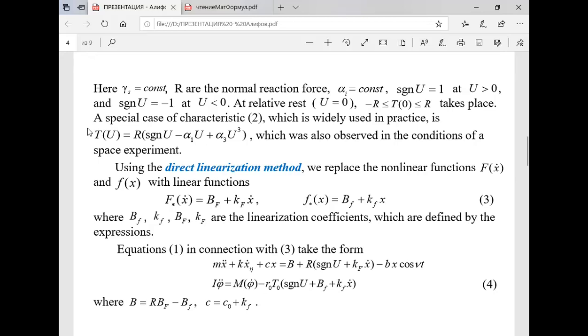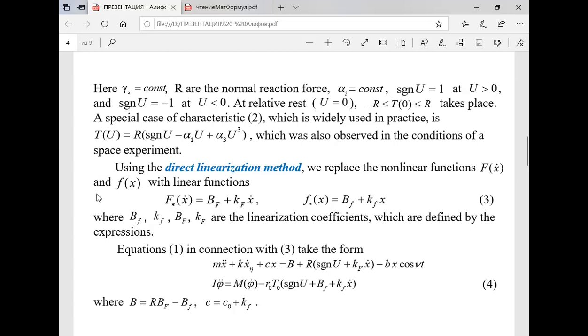A special case of characteristic 2, which is widely used in practice, is T of u is equal r sine function u minus alpha sub 1 u plus alpha sub 3 u super 3, which was also observed in the conditions of a space experiment.